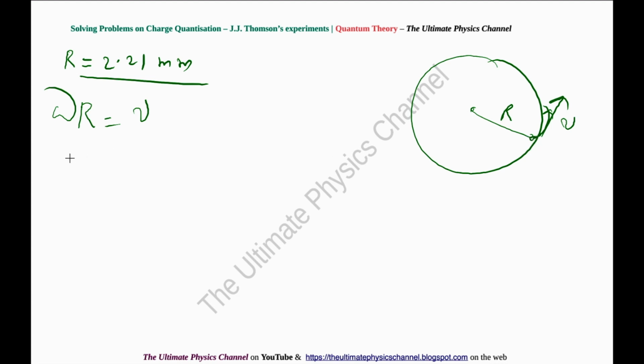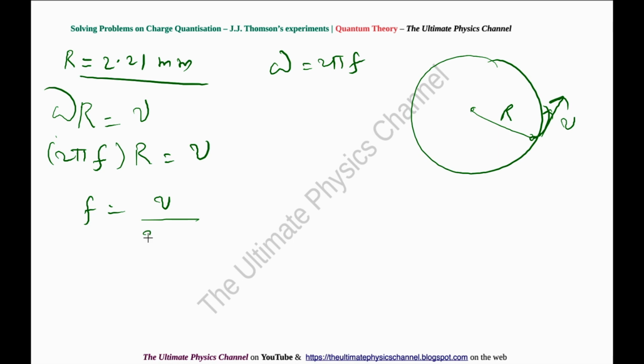So omega is 2 pi f, the frequency of motion. So 2 pi f times r is our v. We need frequency, so f is equal to v over 2 pi r.